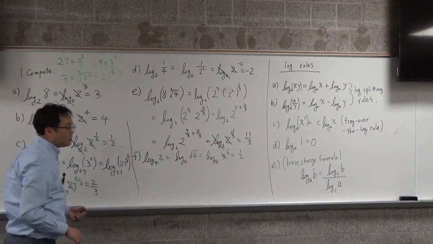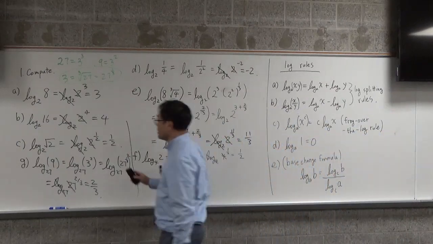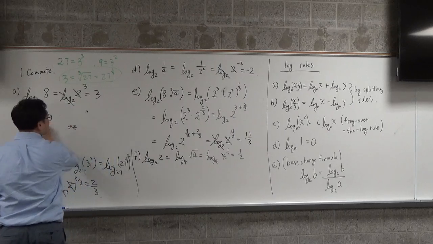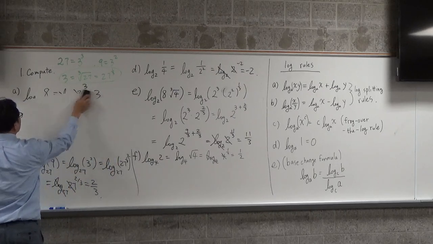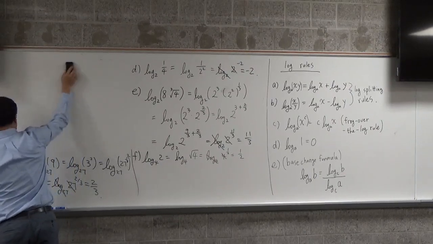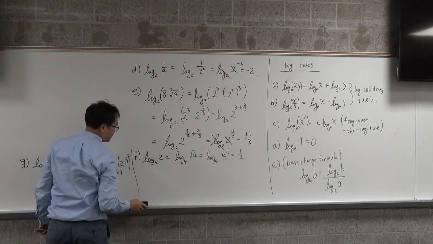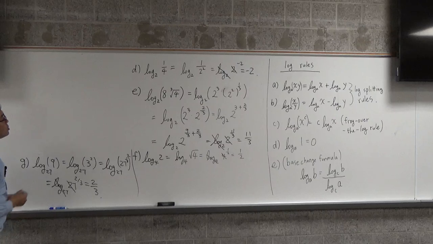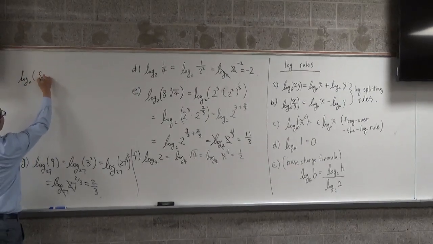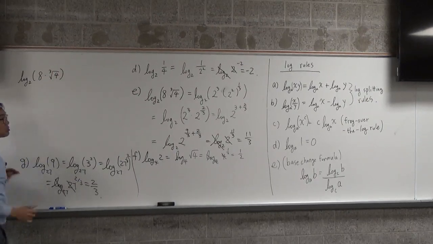My point is that these rules can be employed to find answers more easily. So let me read some of the previous questions and give you a demonstration. If you have log base 2 of 8 times the cube root of 4, well, this is a multiplication.